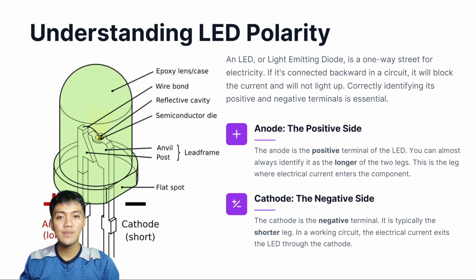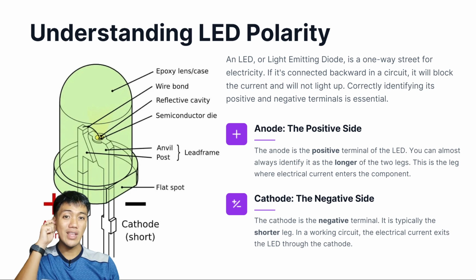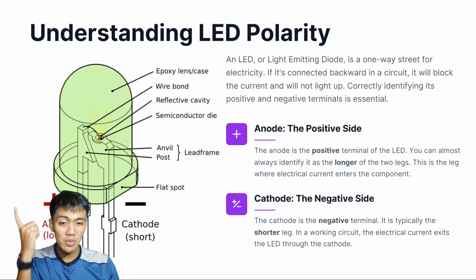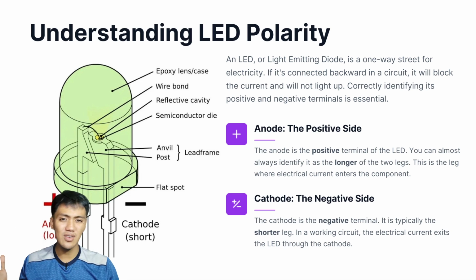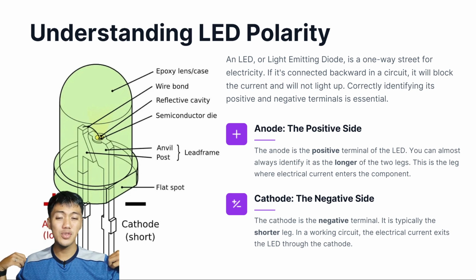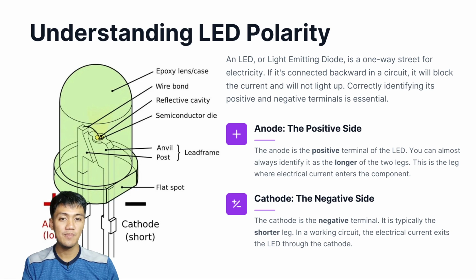The anode is the positive terminal of the LED, and in normal manufacturing circumstances, it is the longer between the two legs. If you are to buy a raw LED on an electronic shop, most often they have long legs, and the longer leg is your positive side or your anode.